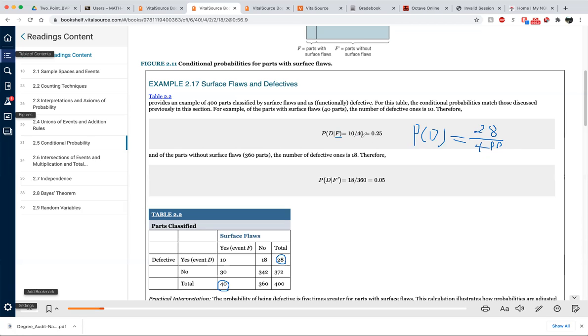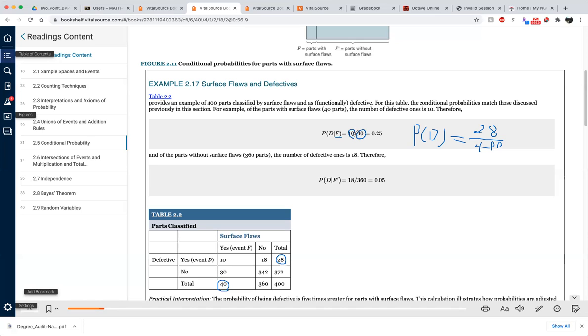So the sample space is reduced, satisfying event F, and out of 40, we find the number of outcomes in event D, a part which is defective under the assumption that the part already has a surface flaw, which is 10.